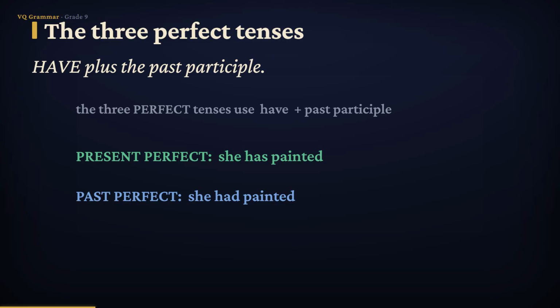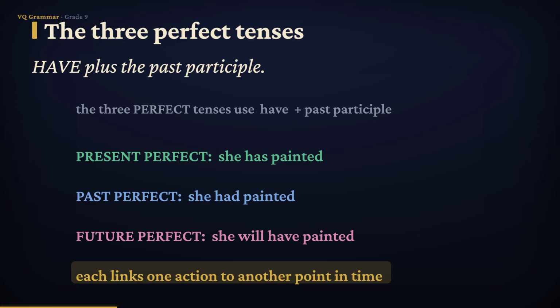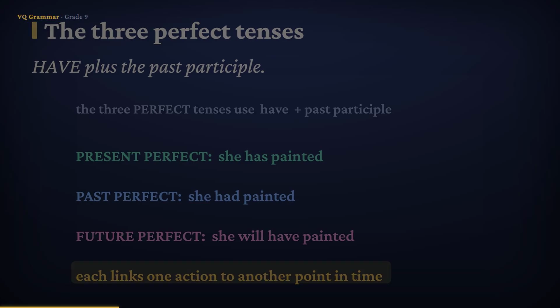She had painted, an action finished before another past action. And future perfect. She will have painted, an action that will be finished before some future point. Notice the family resemblance. Has, had, will have. Everyone uses have, and everyone links one action to another point in time.